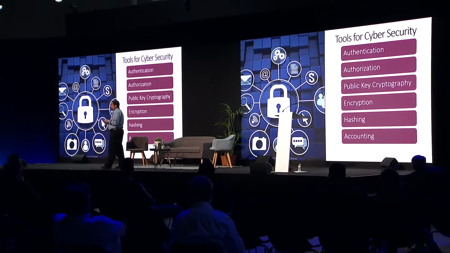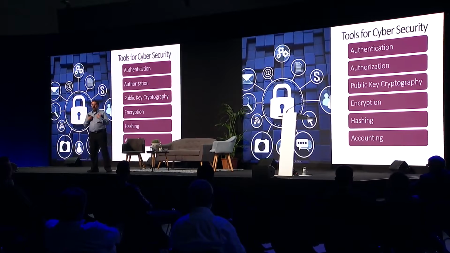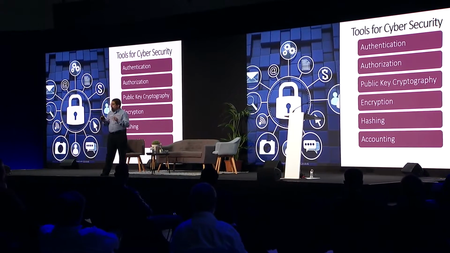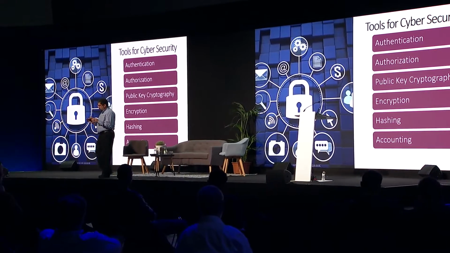So we have many tools available for cybersecurity. We actually break down our confidentiality is mostly maintained by two key elements: authentication and authorization. Now, authentication determines who I am, and authorization determines what I can do.